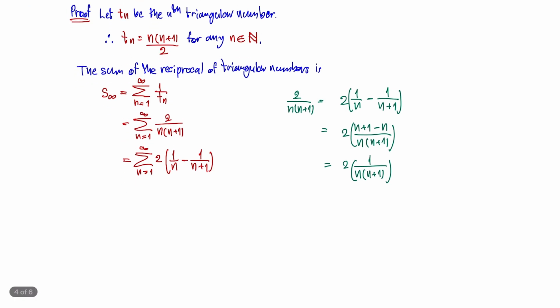Okay, but this is the sum to infinity. We want to write this infinite sum in terms of a limit, so we're going to have the limit as k goes to infinity of the sum from n equal to 1 to k of 2 times 1 over n minus 1 over n plus 1. And then we will find the sum of this term.